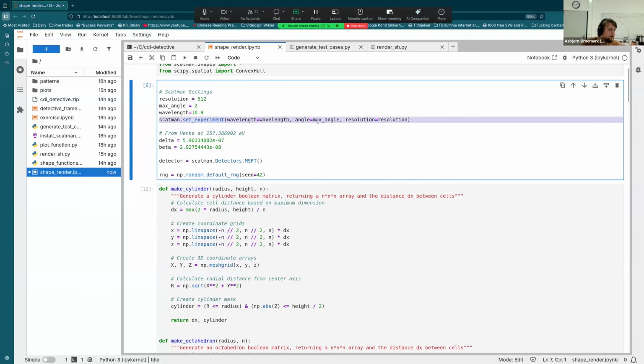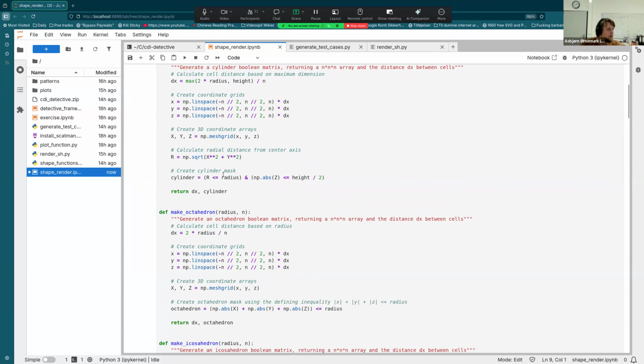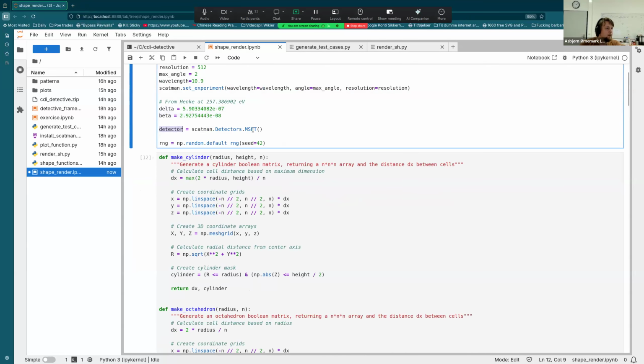Then you set your experiment, and then you need, of course, the optical parameters of your target. So these are the delta and beta parameters. And then you create a detector. This detector is the MSFT.